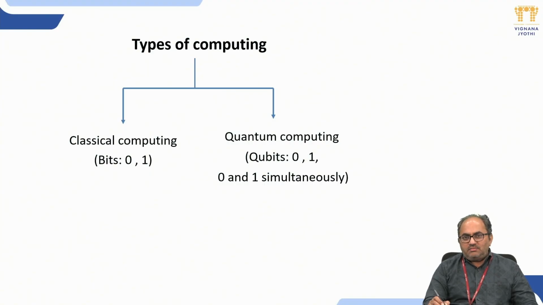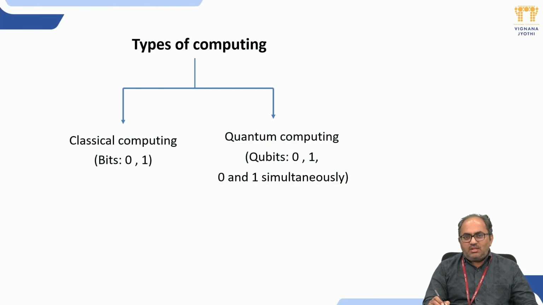On the other hand, there is another way of doing computing, that is quantum computing. In quantum computing, we convert the data into qubits. A qubit is a superposition of two states, 0 and 1.